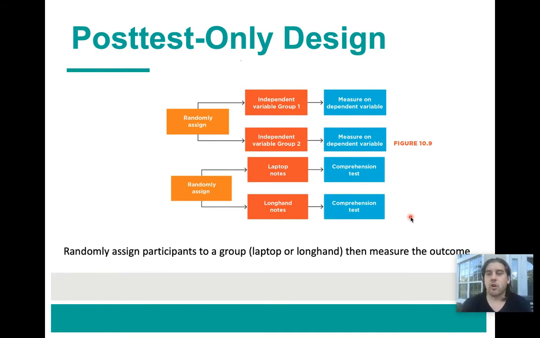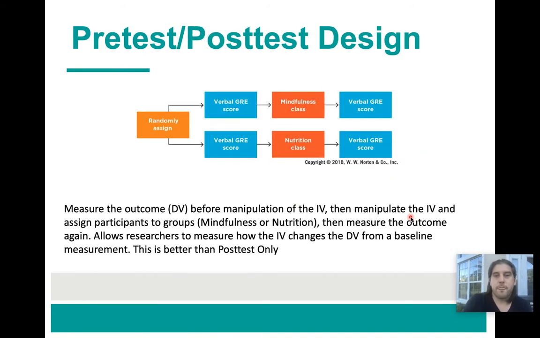So this is our most simple independent groups design. It's fine. You will see this a lot in the literature. There's nothing wrong with this type of experimental design. But when we can do it, we actually prefer a pre-test, post-test design.